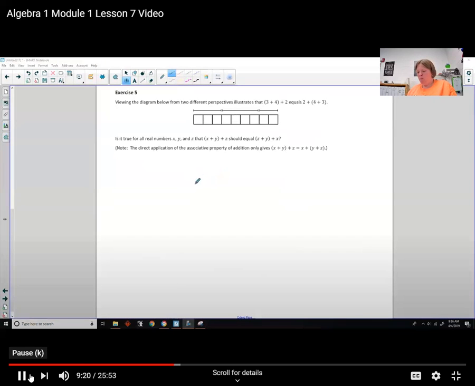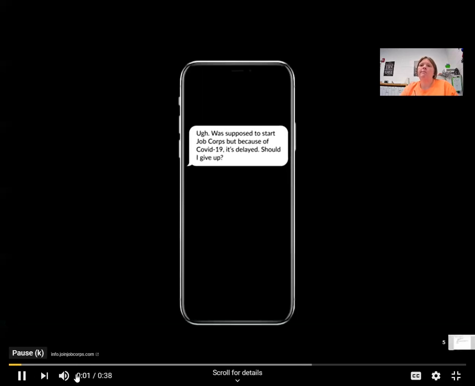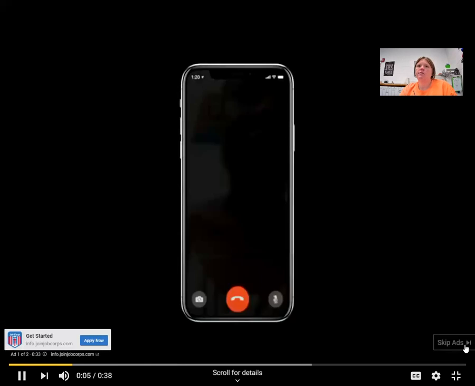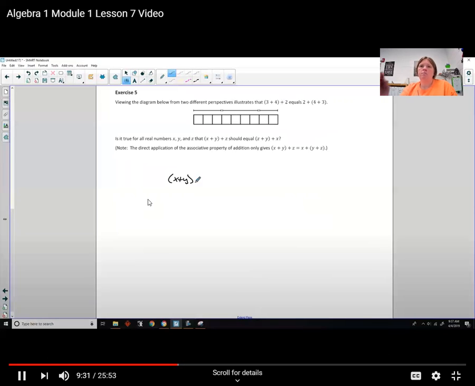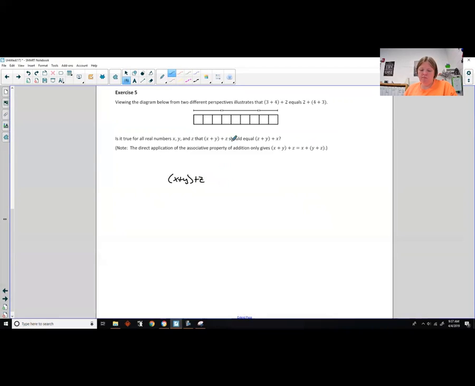Okay, so I'm going to start and I'm going to explain this by using a diagram. So if we have x plus y plus z, I'm going to put that right here. So there's my x plus y plus z.